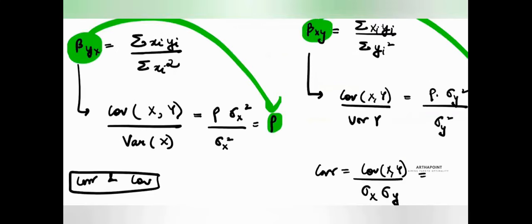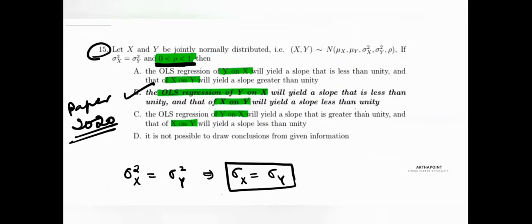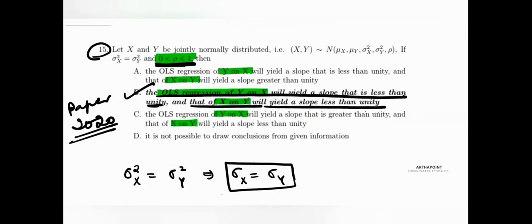So the answer to this question is B: the OLS regression of y on x will yield a slope that is less than unity, and that of x on y will also yield a slope that is less than unity. Okay, thank you.